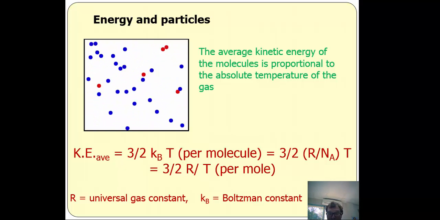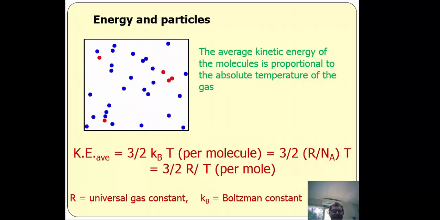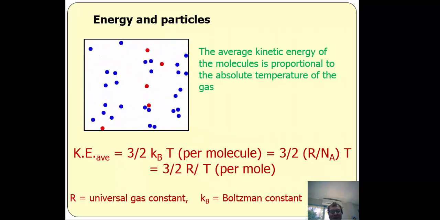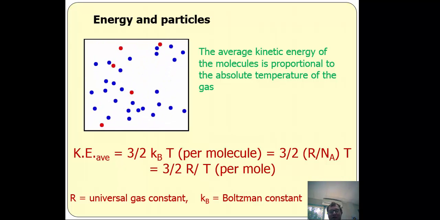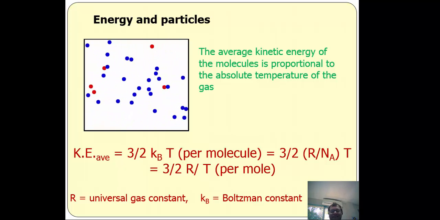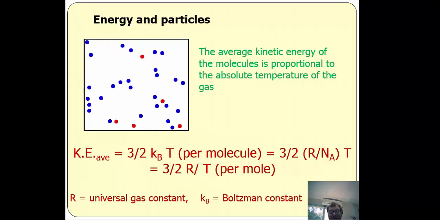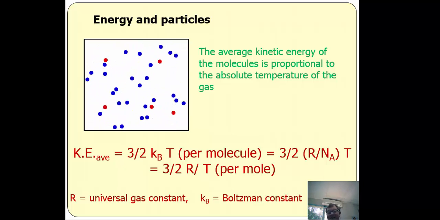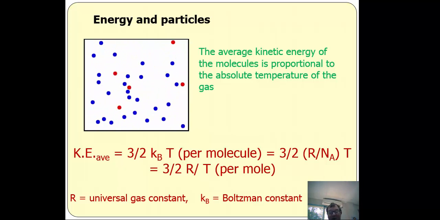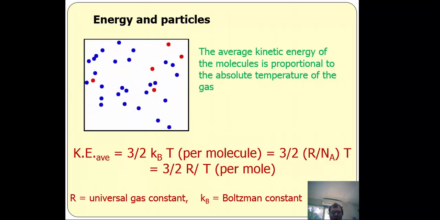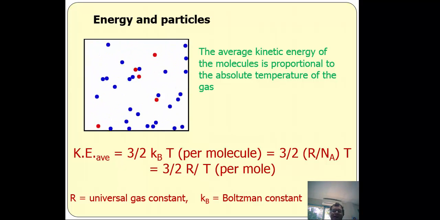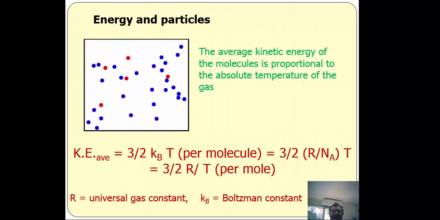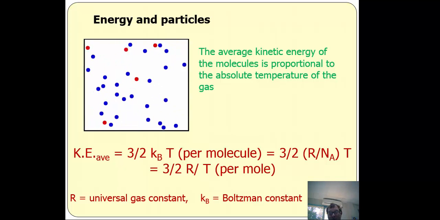This is per molecule, and as we know, Boltzmann's constant is equal to the universal gas constant divided by Avogadro's number. So 3/2 times the universal gas constant divided by Avogadro's number, times T, is equal to the kinetic energy average per molecule. And more importantly, the average kinetic energy per mole is just multiplying this number by Avogadro's number.